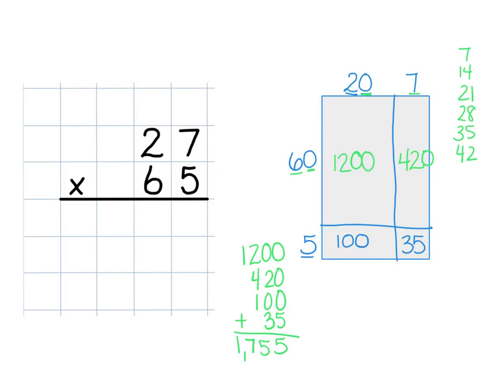Now on our standard algorithm, again, we start in the ones column, just like we did over here. 7 times 5 is 35. So we put our 5 here, and we carry the 3. Now that we've multiplied 7 times 5, we need to multiply 2 times 5. 2 times 5 is 10. Plus the 3, 13.